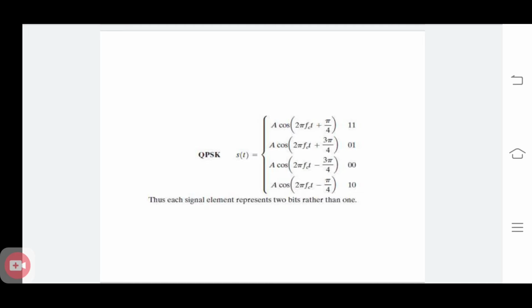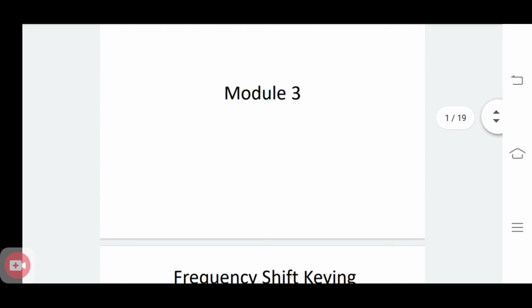Then for representing 0, 0, it is A cos 2 pi fct minus 3 pi by 4. Then for 1, 0, it is A cos 2 pi fct minus pi by 4. Okay. For representing more than 1 bit, we are using a phase shift of 90 degrees or multiples of 90 degrees. That is quadrature PSK.